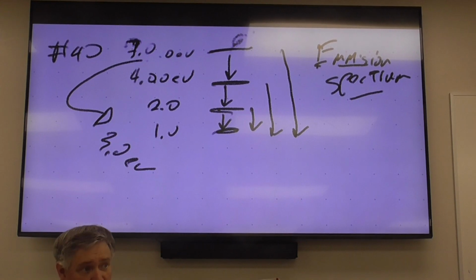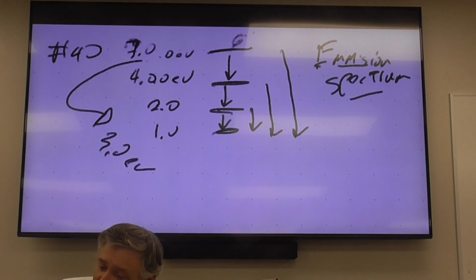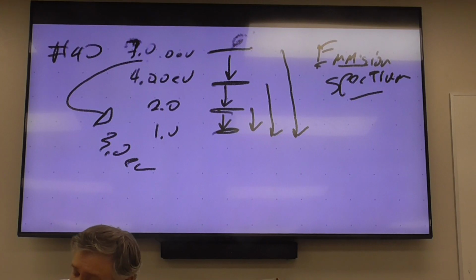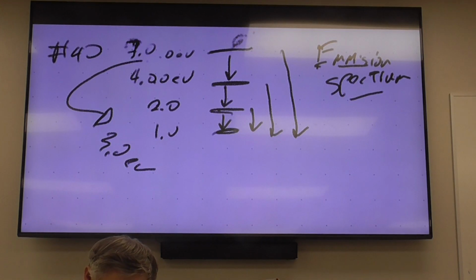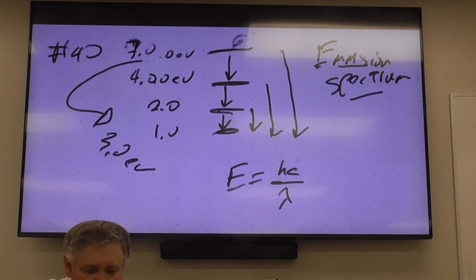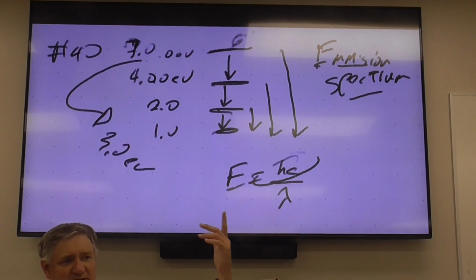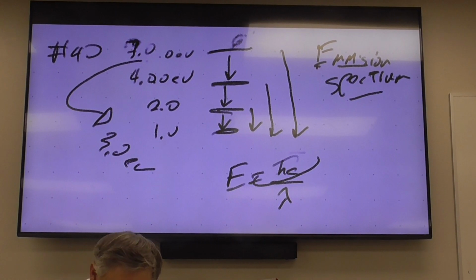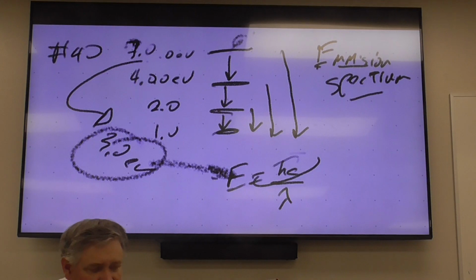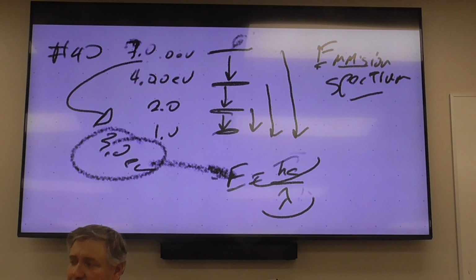Then the whole task is to figure out the wavelengths associated with this. You know that E equals hc over lambda. Use the hc value in electron volts nanometers. The 3 electron volts is your E, and you're trying to find the corresponding wavelength.